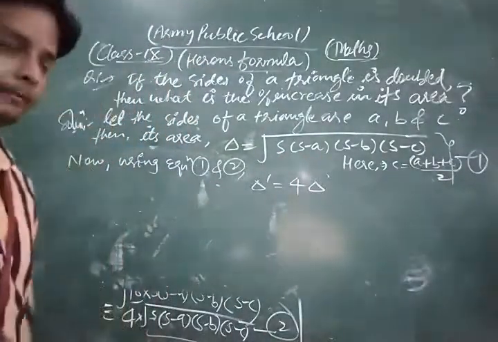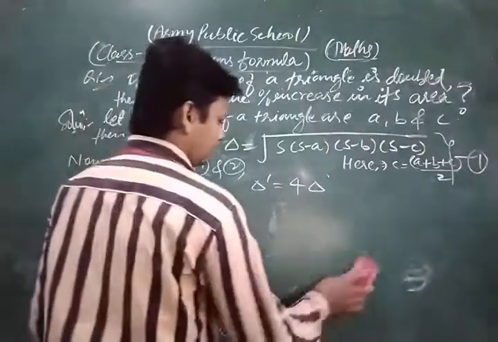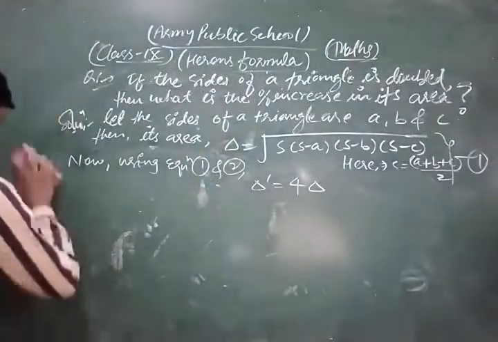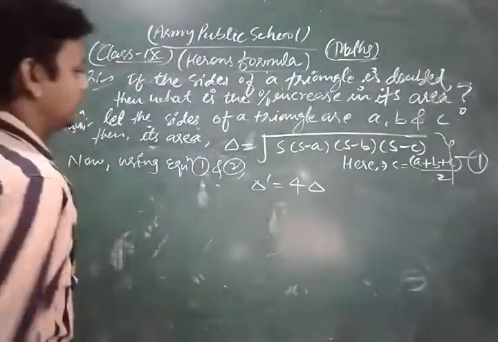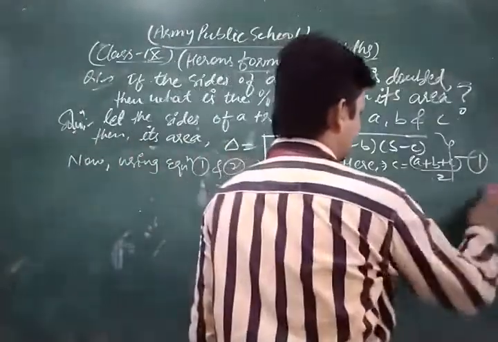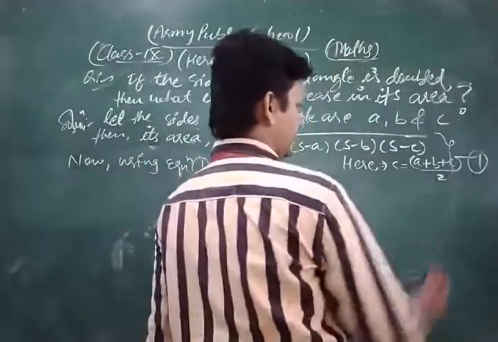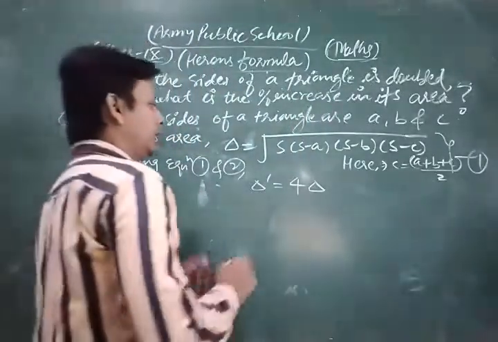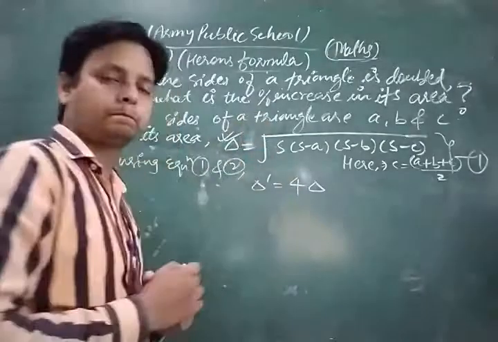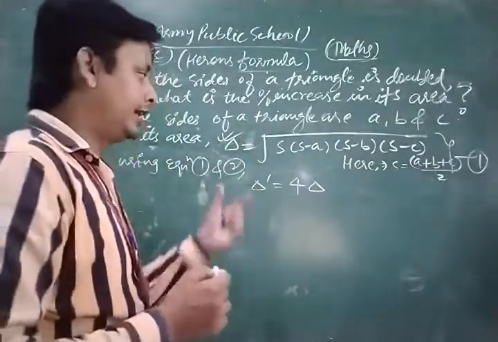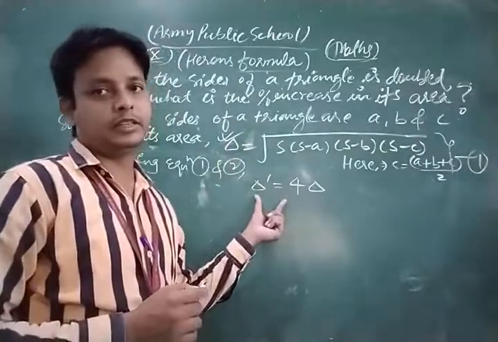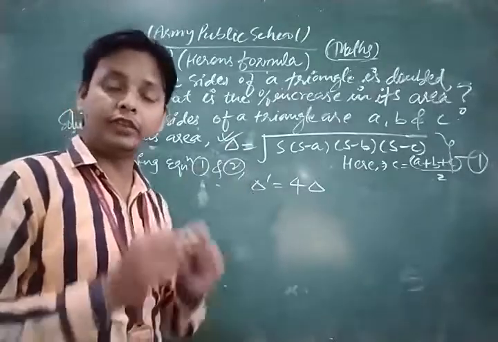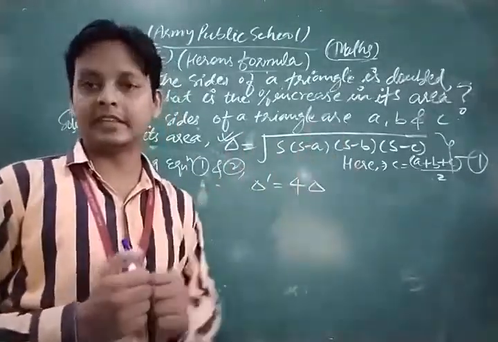So in this way, dear students, the initial area is delta and the final area of this triangle is delta dash, which is 4 into delta, and now we find the percentage increase in its area.